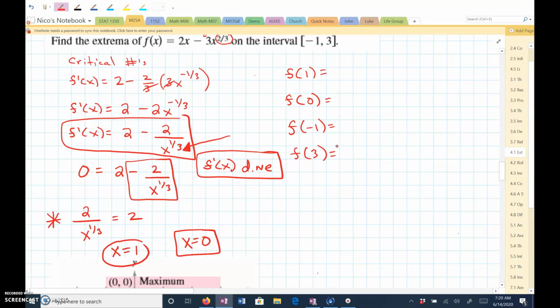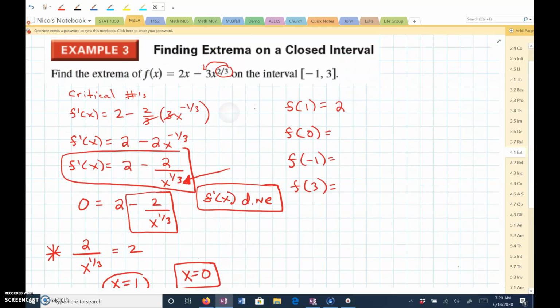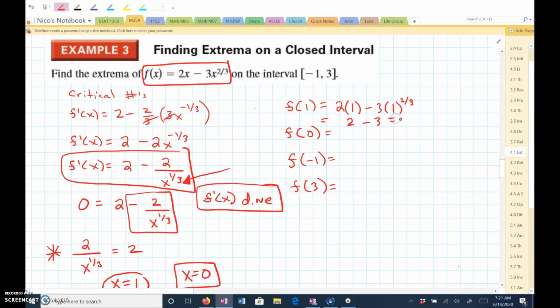So let's do this. So now I'm just plugging that into this function here. So this would be 2 times 1 minus 3 times 1 to the 2/3 power, which would be 2 minus 3, which would be negative 1.